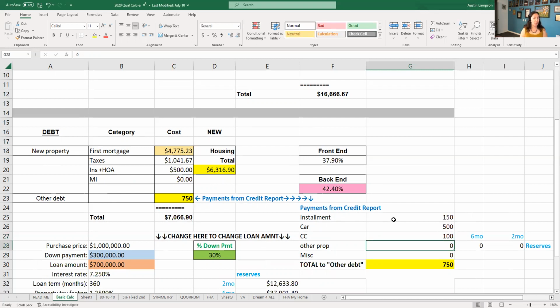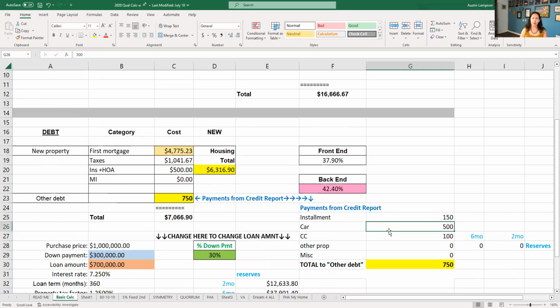Now, if you own other properties, this is a bigger, deeper dive question. Is it your primary residence that you're now going to rent out? Is it other rental properties? Is it second homes? For the intent of this video, we're going to keep it simple and say that there are no other properties owned. Installment debt could be a piano loan, student loans, anything that's an installment.